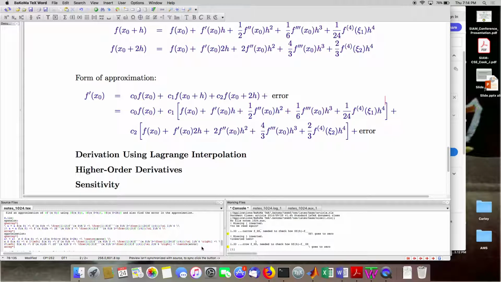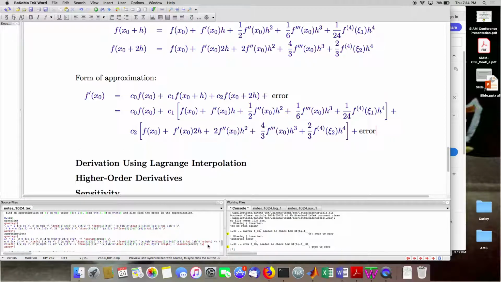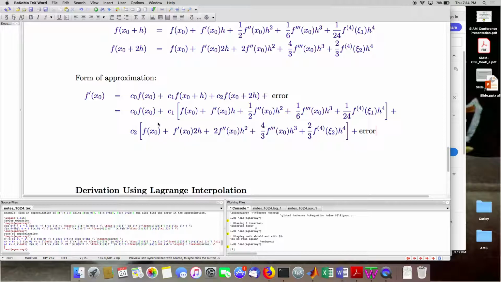Now, in order to get some handle on this, we need equations that help us nail down C0, C1, C2. Right now we're grouped by C0, C1, C2, which isn't helpful. What we do is we rearrange the terms and group by f of x naught, f prime of x naught, f double prime of x naught, and so on.